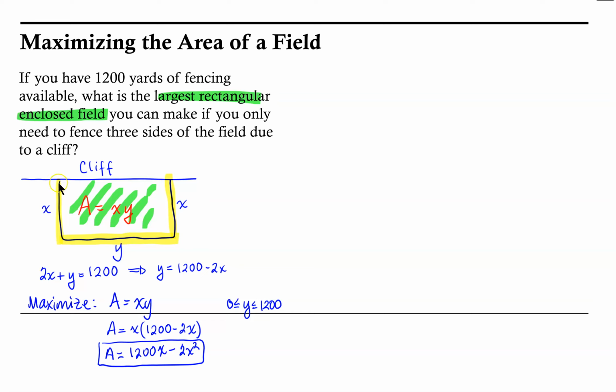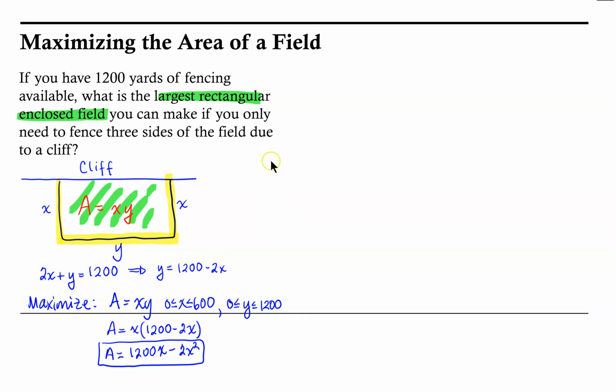Now, thinking the same way for side x, it could be 0, in which case y would lie right along the cliff line, and x could go all the way to 600. It cannot go to 1,200 because we have 2 lengths of x. So 1,200 divided by 2 is 600. So x must be somewhere between 0 and 600.